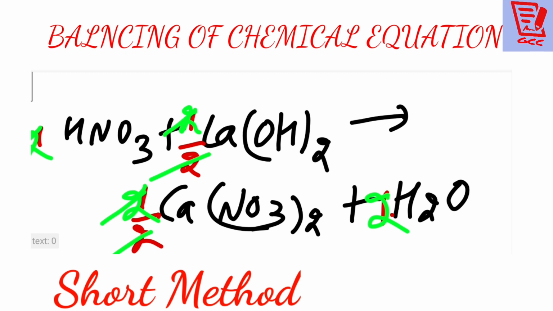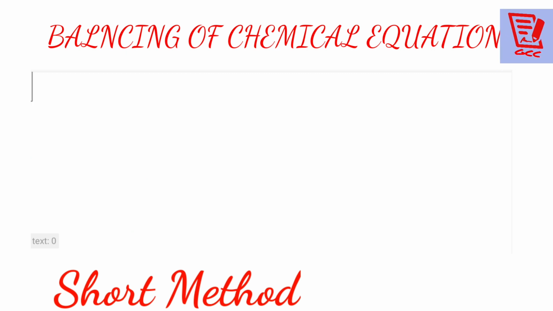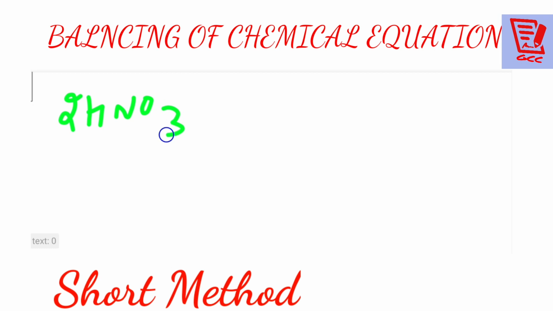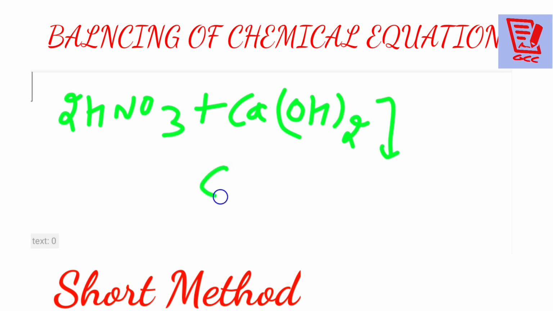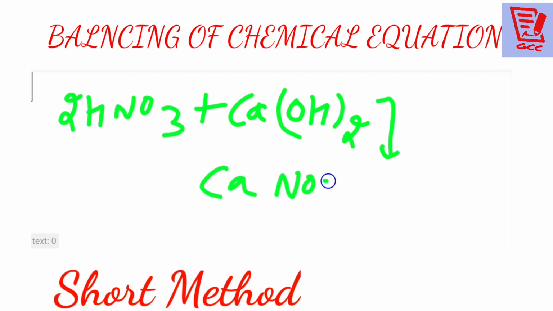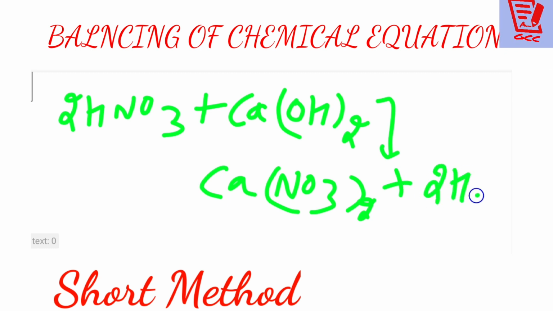We will get 2HNO3 plus Ca(OH)2, arrow, Ca(NO3)2 plus 2H2O.